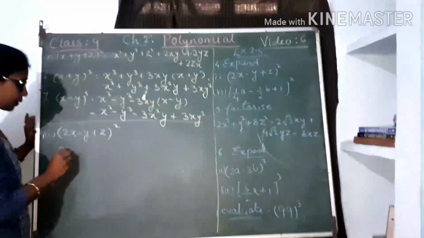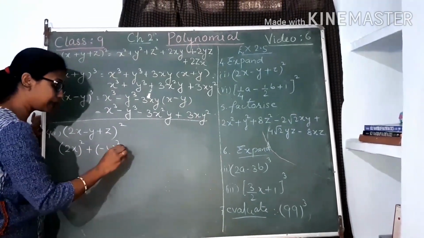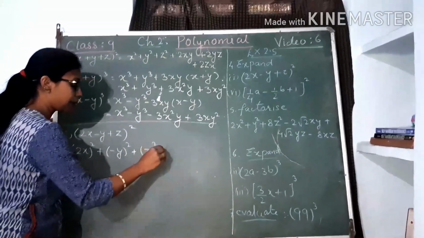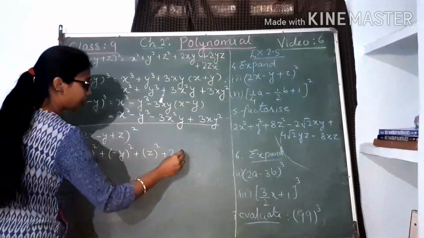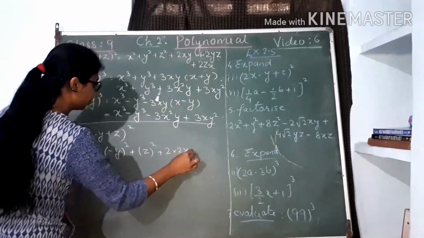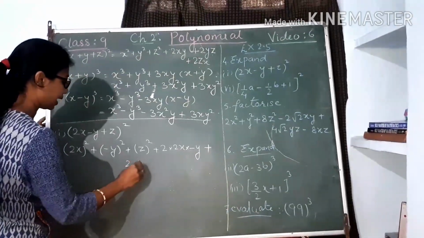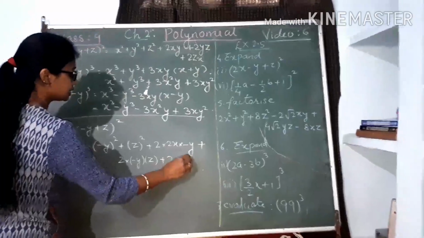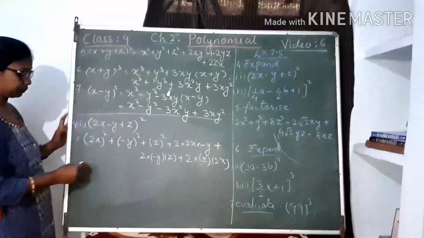So a square plus b square plus z square plus 2 times a into b, our a is 2x into minus y, plus 2 times minus y into z plus 2 times z into 2x. I hope this substitution is clear to you.